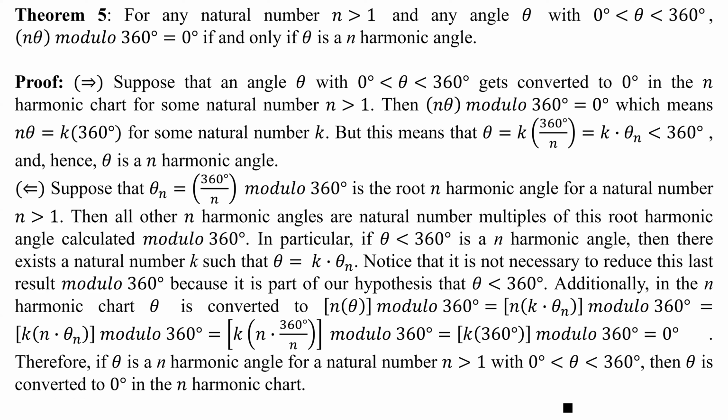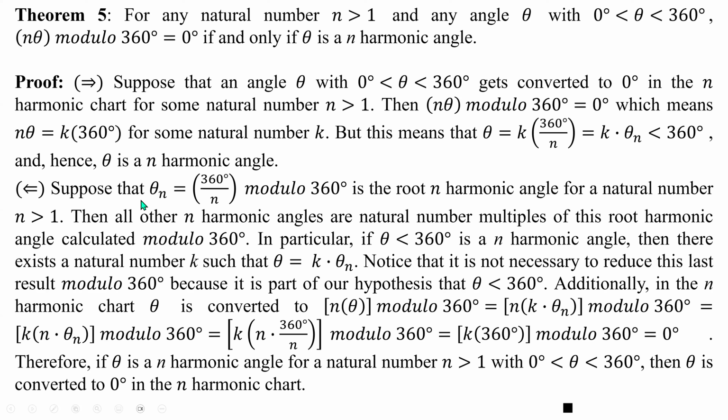Well, since theta is equal to a natural number multiple of the root n harmonic angle, and since that multiple automatically comes out to less than 360 degrees, we don't need to reduce it modulo 360, and hence theta is an n-harmonic angle. This is pretty much just our definition of what an n-harmonic angle is.